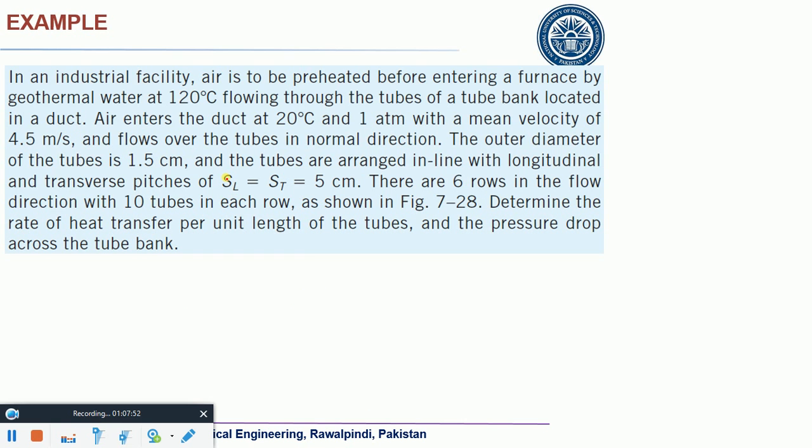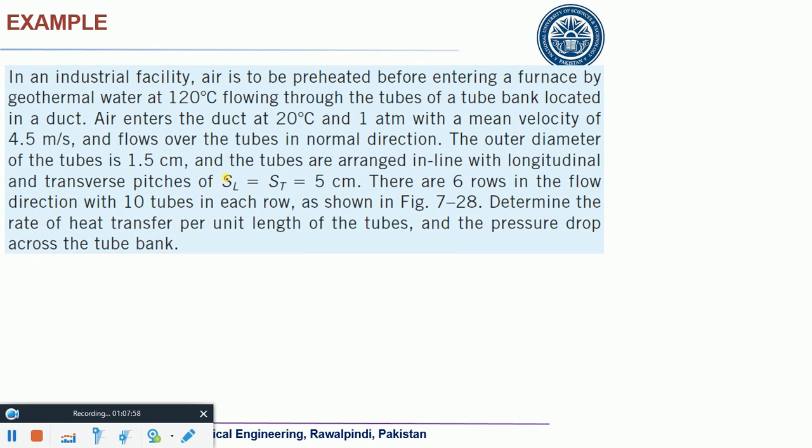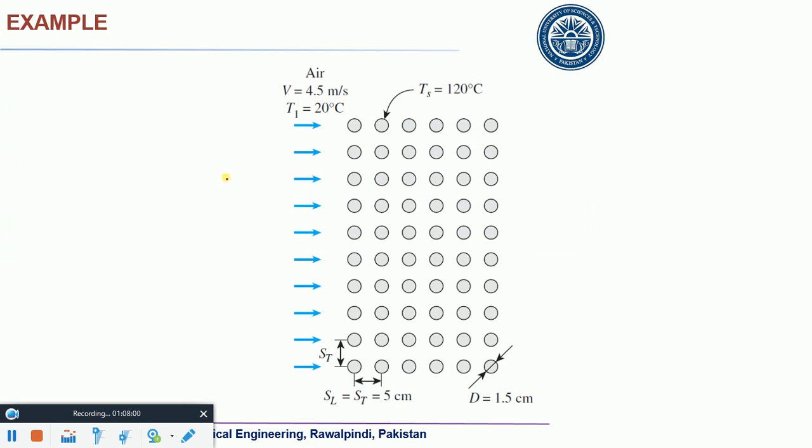So just to give you an idea, that was an example which I put over there on the slides. Everything is there. I have already told you that before solving anything or before finding out the Reynolds number, first of all find out Vmax. This is the first step. Then find out the Reynolds number, find out Prandtl number, go to the appropriate relationship, look at the tables to find out Nusselt number.